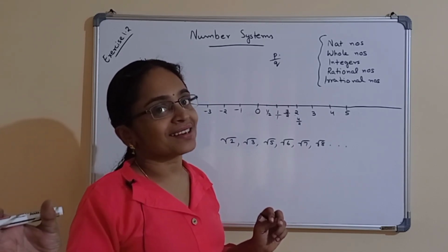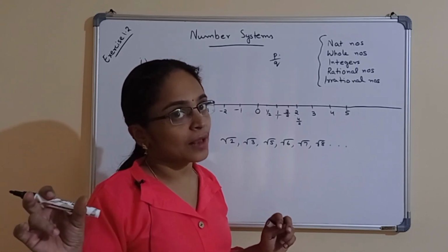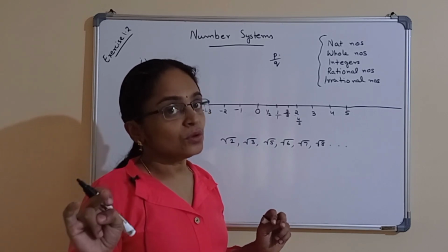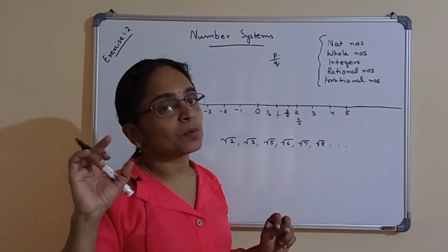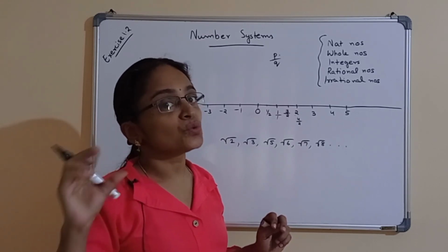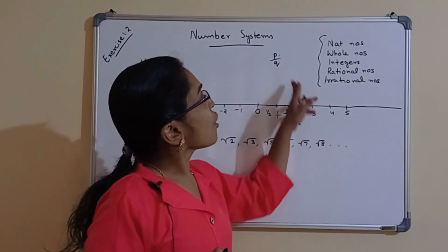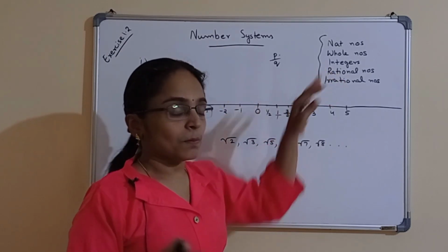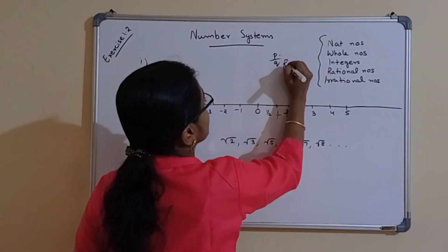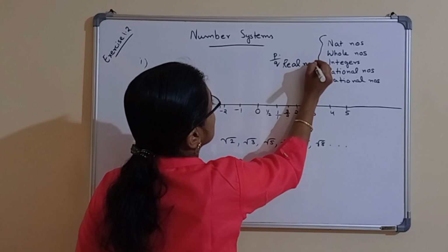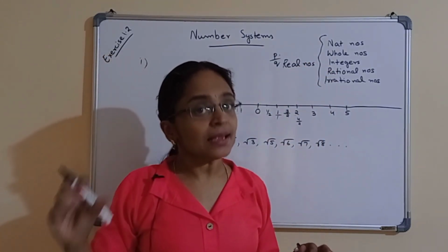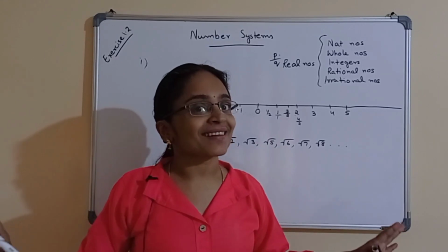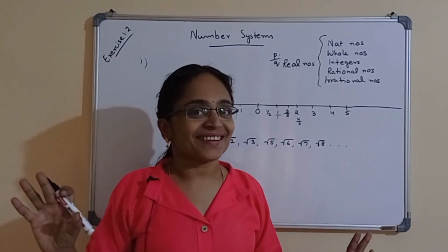Root 4 is not an irrational number because root 4 is 2, and 2 can be expressed as 2 by 1. All these are included in the real numbers. So every irrational number is a real number.